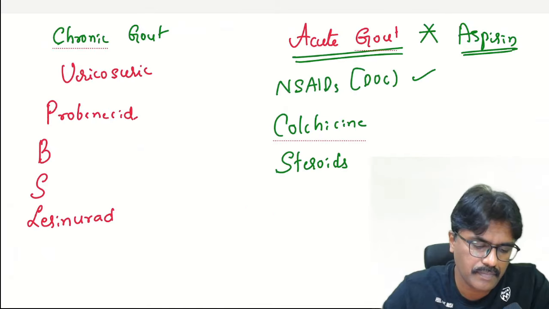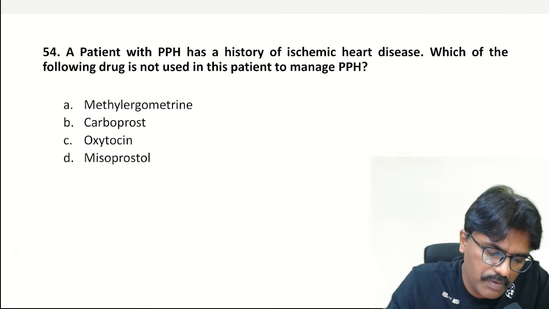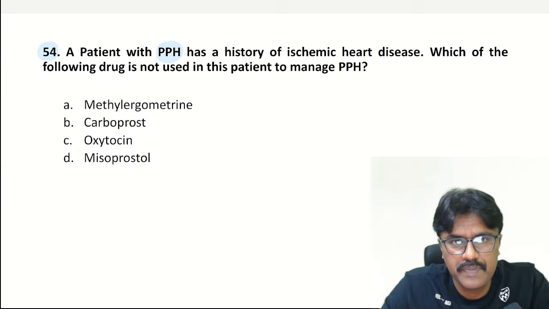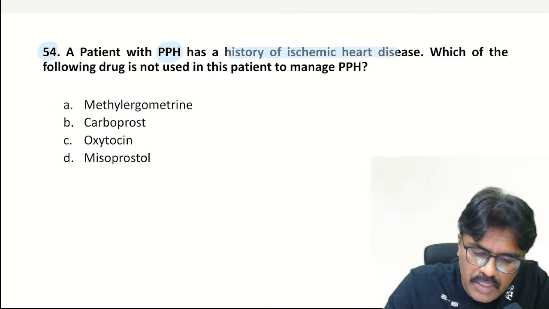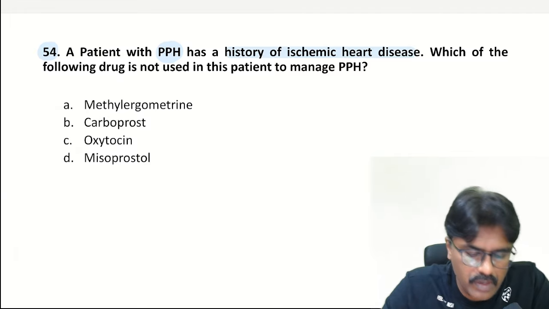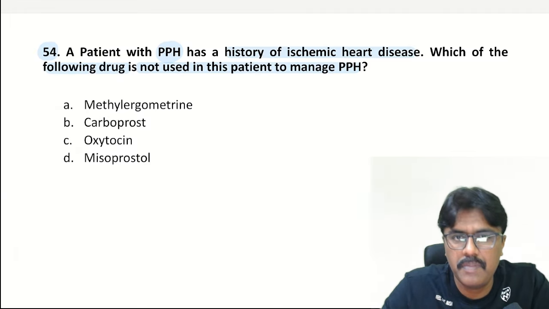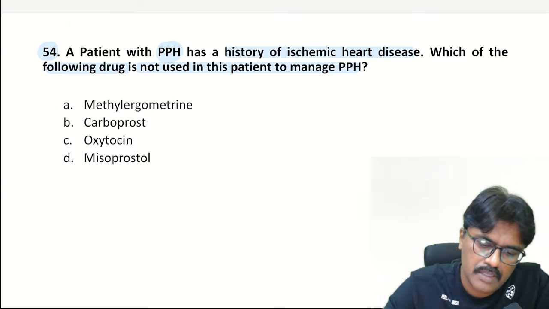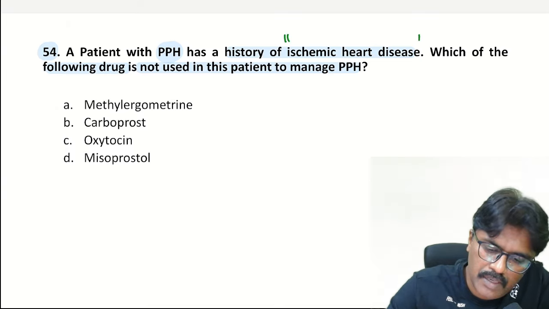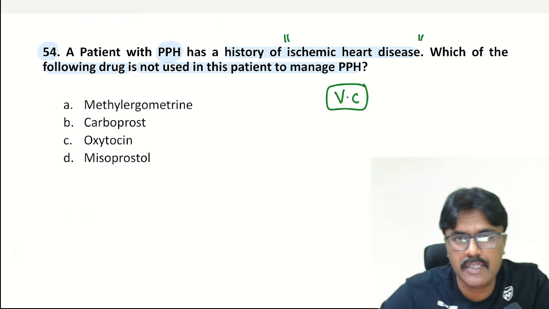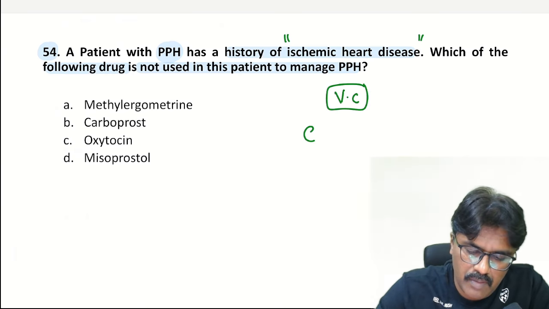Okay. Question number 54. A patient with postpartum hemorrhage has a history of ischemic heart disease. Which of the following drug is not used in this patient to manage PPH? See, please understand, if a person is having ischemic heart disease, I should not give the drugs which are vasoconstrictors. So remember, a mnemonic CASE drugs should not be given.